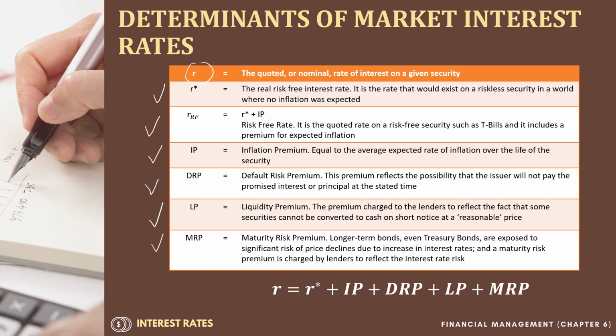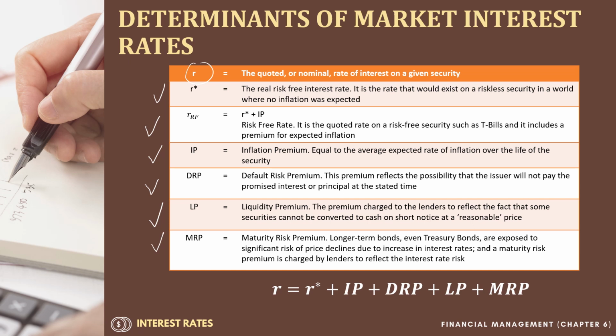Lastly, we have here the maturity risk premium. So this is only applicable for those long-term bonds and even in the treasury bonds, which are exposed to significant risk on price declines due to increase in interest rates. And the maturity risk premium is also charged by lenders to reflect the interest rate risk.